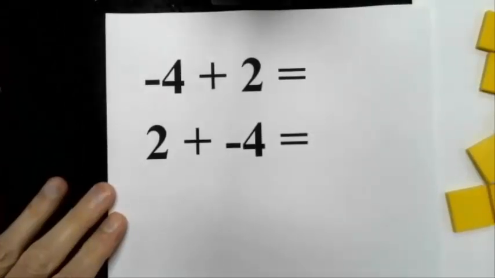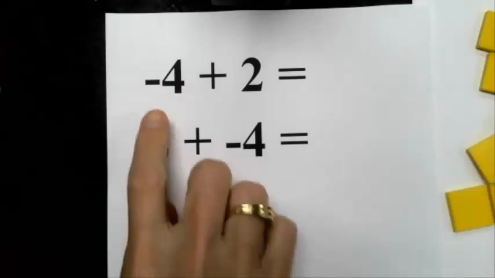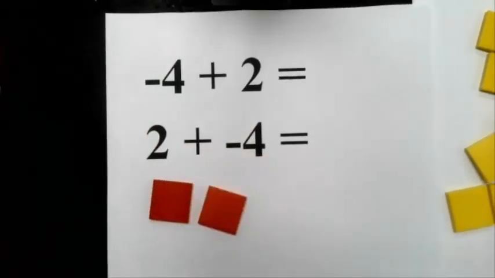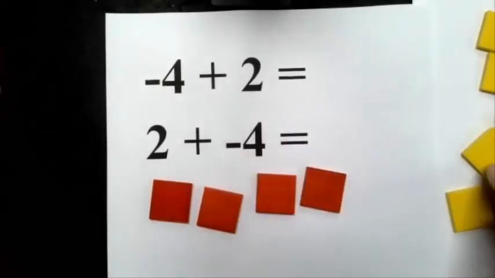For our next addition problem, I've got it stated 2 different ways. -4 plus 2. We could also see a problem where the positive comes first, 2 plus -4. In either case, we build both add-ins. I'm looking at the top line. So -4. I'm adding 2.